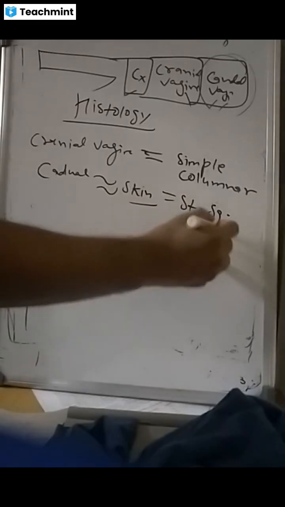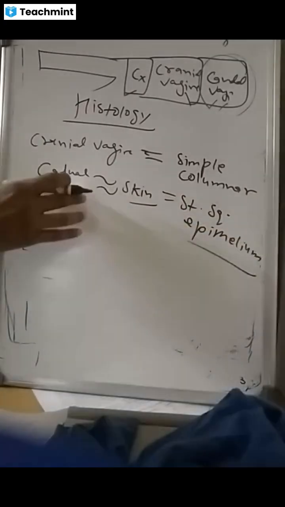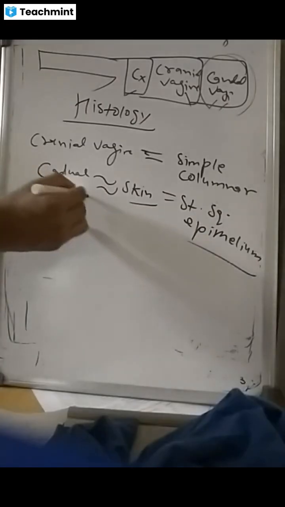Histology, if we say, in case of cranial vagina, there is simple columnar epithelium, and stratified squamous in case of caudal vagina.